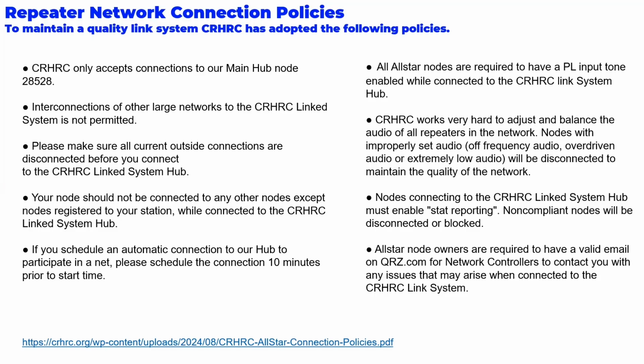We welcome anybody. That's one of our biggest policies: connect to us and no other large networks. You can review the policy online on the website. It's called AllStar Connection Policies.